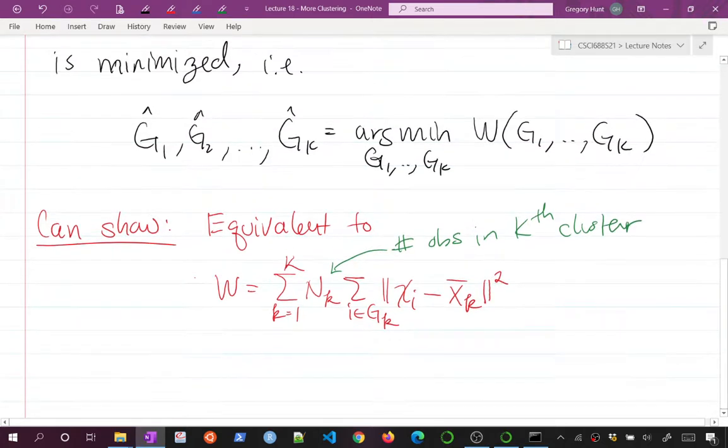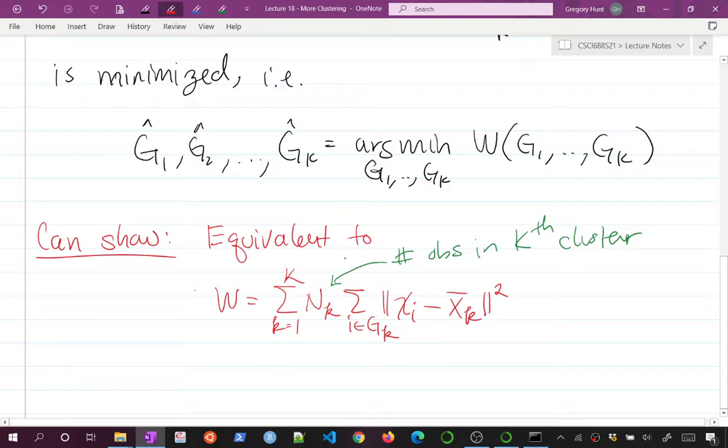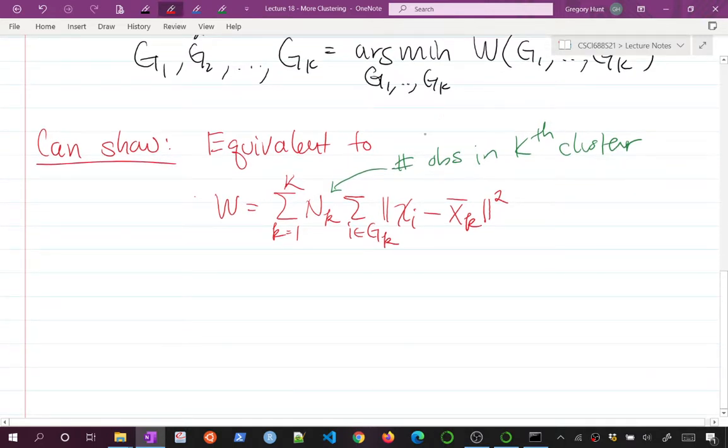So it turns out that W is equivalent to this thing, and therefore finding my groups to minimize this criterion means choosing my G's so that I minimize the distance of my points to the mean of their group.